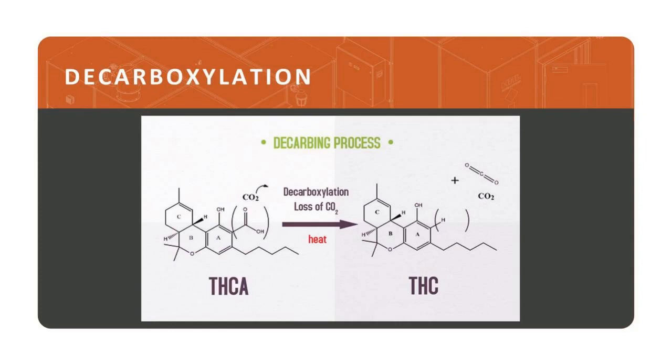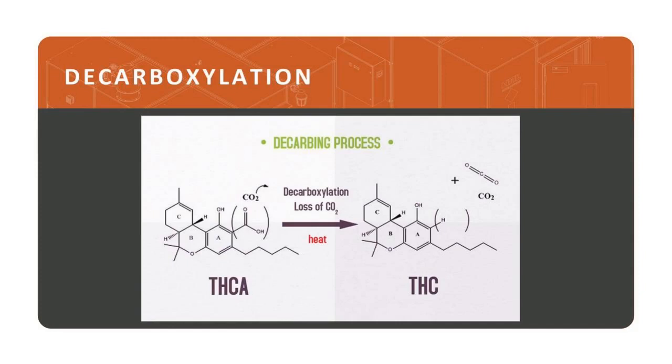And so decarboxylation is the process of removing that carboxyl group or carboxyl ring and converting your THCA into THC to make it psychoactive. So again, for products like edibles, some vape pen companies prefer to do this, but you really want to have your THCA converted to THC so that it is readily psychoactive and can bind with cannabinoid receptors in the consumer's body.